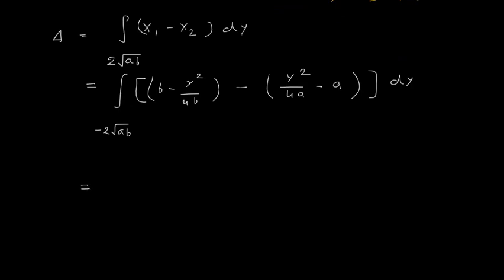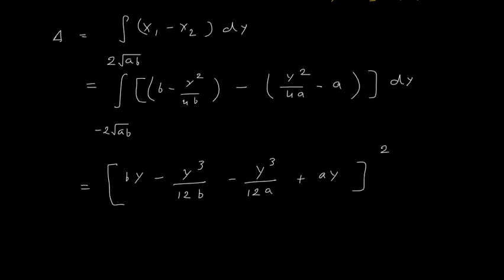So this is equals to integration of b is b into y minus integration of y square is y cube divided by 3, so 4 3 is 12, 12b, then minus y cube divided by 4 3 is 12a, and then this minus minus plus ay, and the value of y we put as 2 root ab, and here minus 2 root ab.